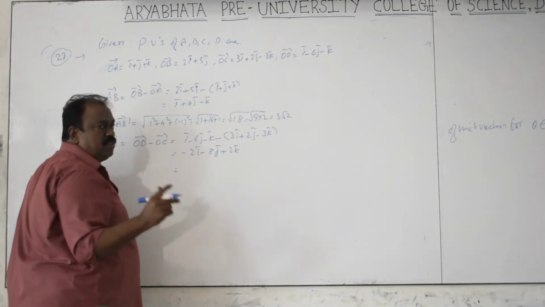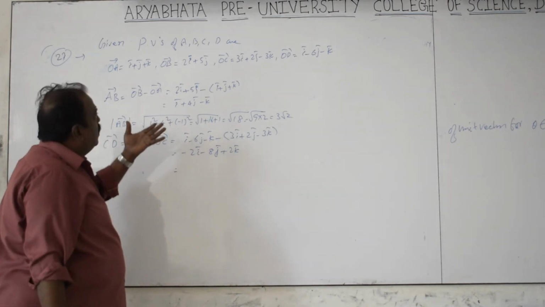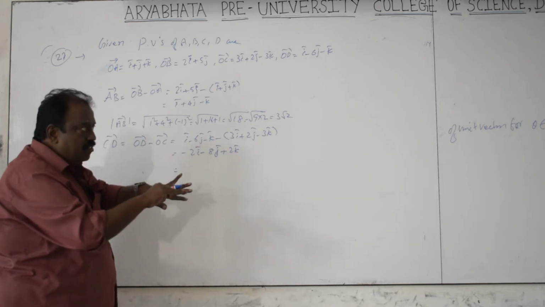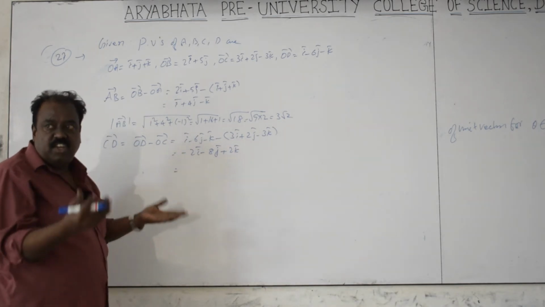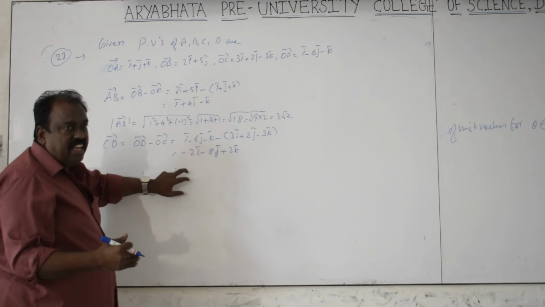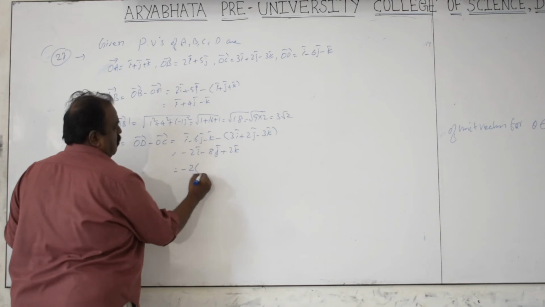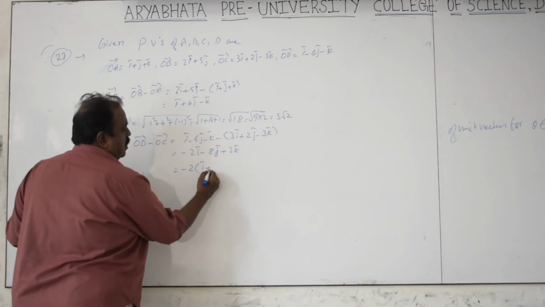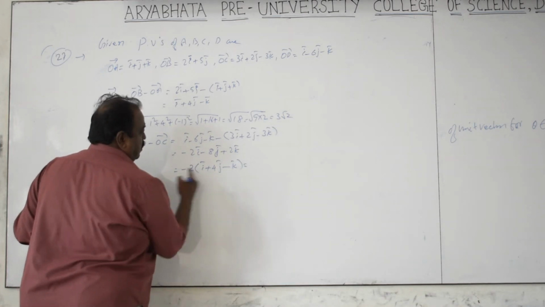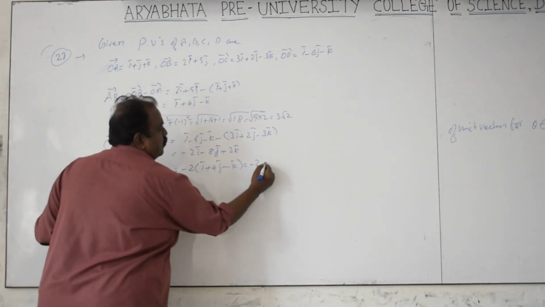Simply, I will tell first: here itself we can find that these vectors AB bar and CD bar, those line segments, are collinear. If we take minus 2 common, we get i plus 4j minus k, which is the same as AB bar.